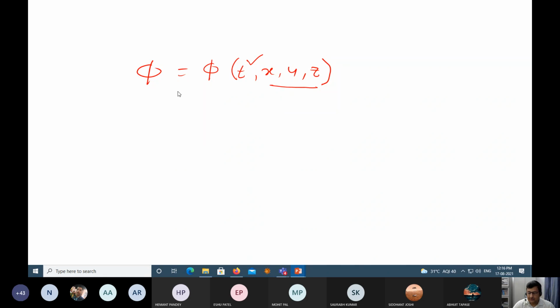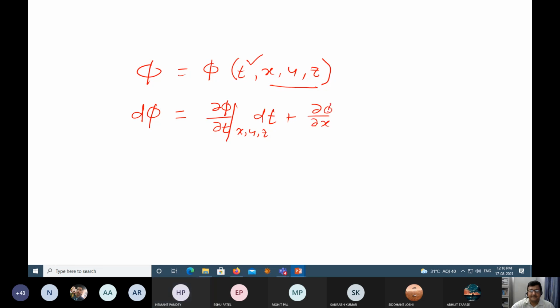So if I write d phi, can anybody prompt me what will be my right hand side here? Del phi by del t. What is constant here? In all others, x, y, and z. Okay, this is into dt, right? Then del phi by del x.